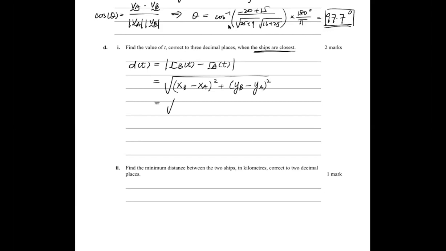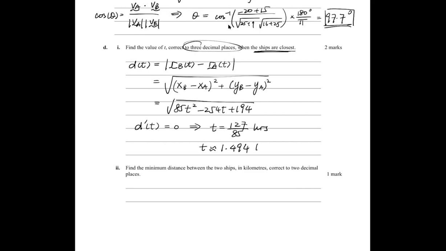This will give you square root of 85t squared minus 254t plus 194. Then you can just solve for d'(t) equals 0. And this will give you t equals 127 divided by 85 hours, which is 1.494 hours correct to 3 decimal places, okay?